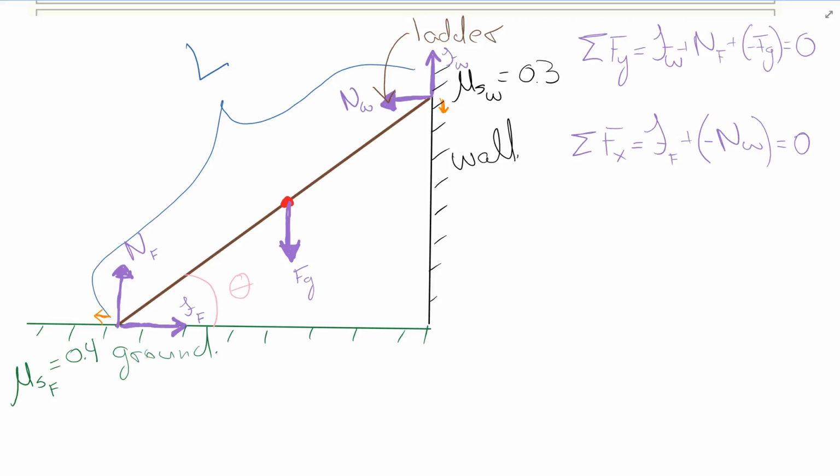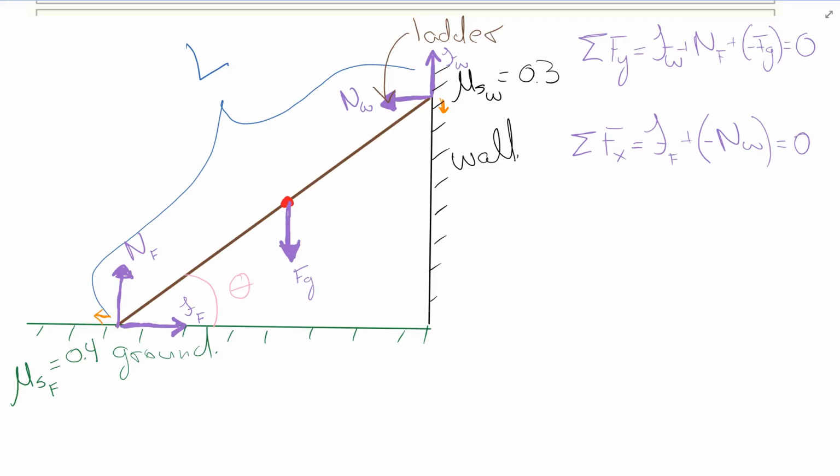Now, the thing that they want us to solve for is theta. And if we've noticed, we should have been paying attention to our sums, the force sum actually doesn't have any theta terms in it. All of my forces here are one-dimensional. So there's a really good chance that I'm not going to use just my sum of forces to solve.